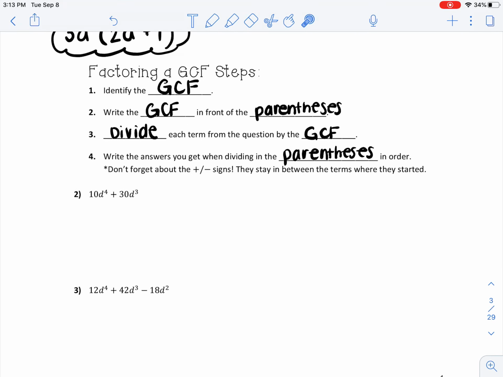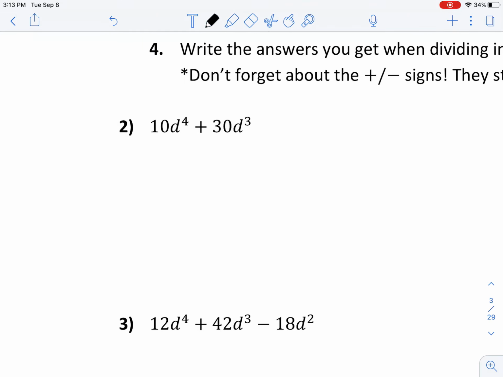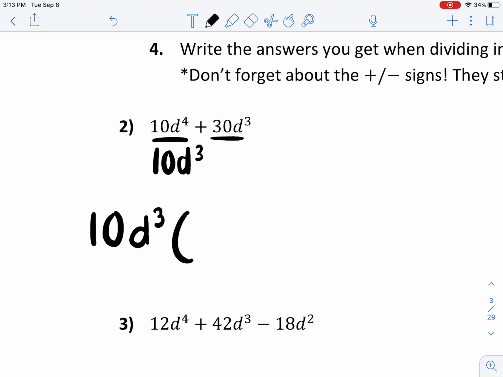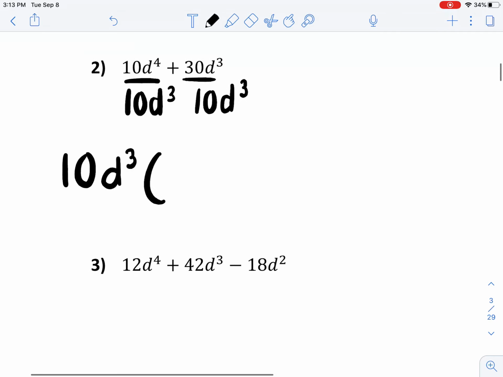So we're just going to go through these next few questions. We have to identify the GCF and then factor it out. So the biggest number that goes into 10 and 30 is 10. And I pick my smallest exponent, so that's d to the third. So I'm going to divide both of these by 10d to the third. 10 divided by 10 is 1.